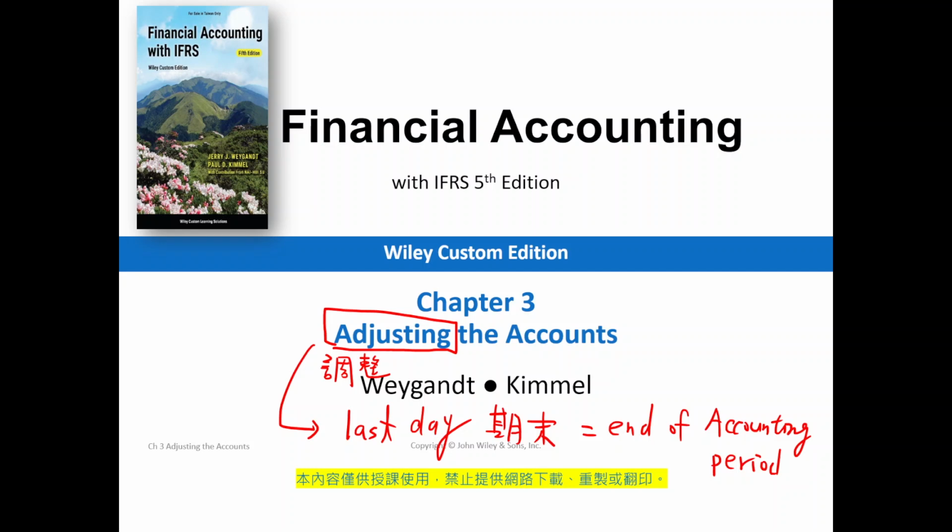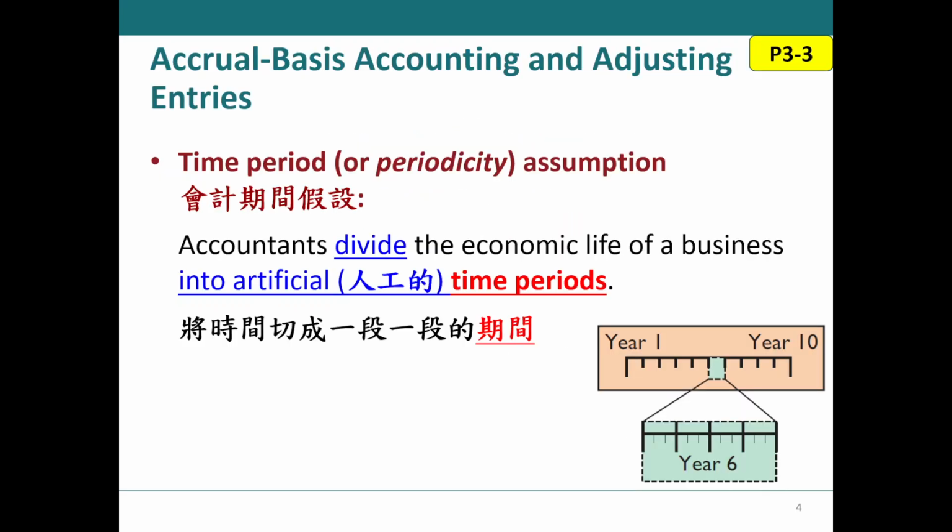Okay? So the two concepts, first one is what? Time period assumption, 会计期间假设, time period assumption. You know, about the time.